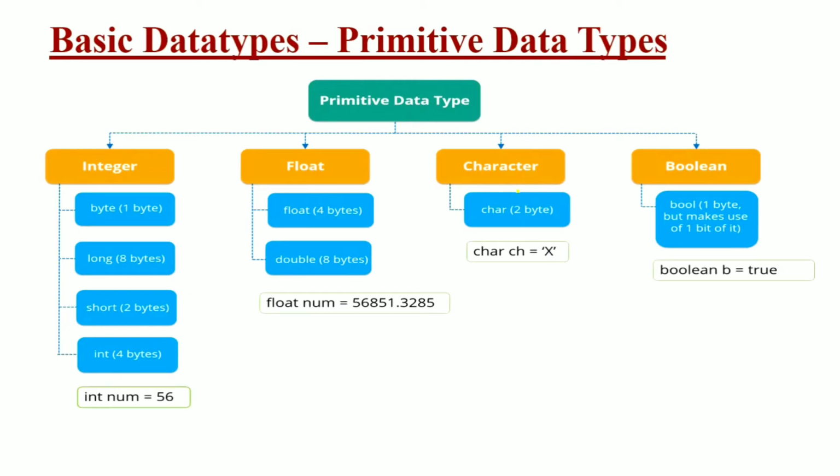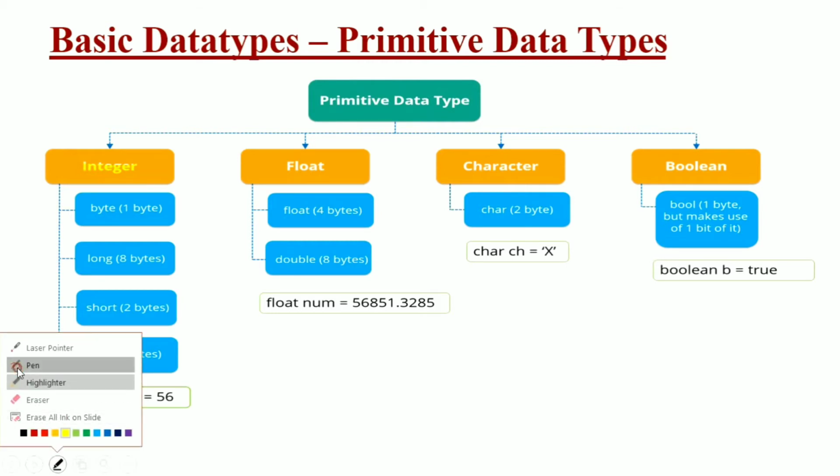Now we explain what the 8 different primitive data types are. First, we consider the integer number. For integer numbers, 4 different types are used.